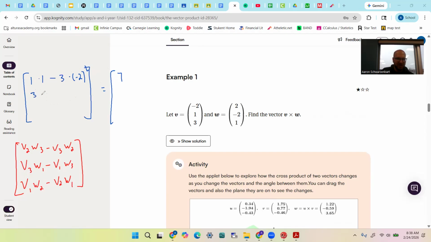Then V3 W1 minus V1 W2. 6, 3 negatives is still negative. 6 minus 4 is 2. And then V1 times W2 minus V2 times W1. 4 minus 2 is also 2.